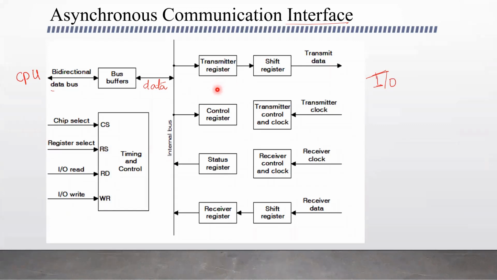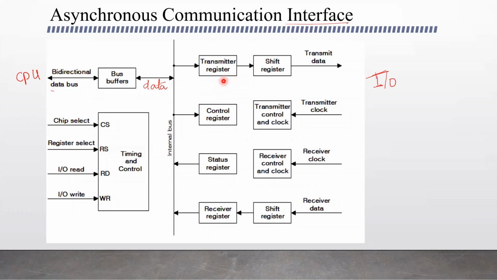This register is for the CPU to transmit data to some other unit. The source unit here is the CPU and the destination may be some other unit. So for the CPU to transmit data, this register is used as a transmitter register. The CPU transmits data to this transmitter register first.